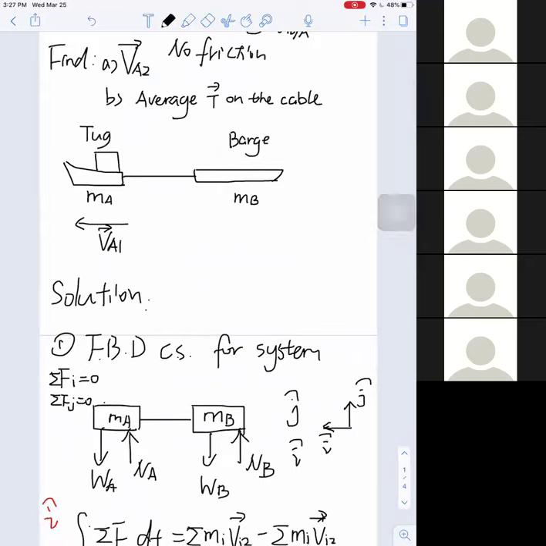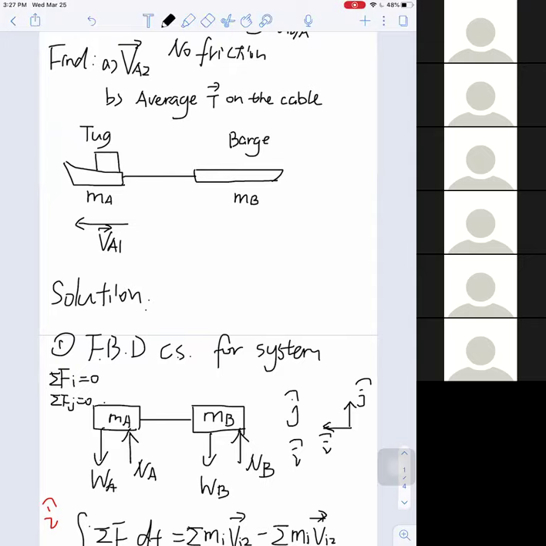We have a question for, let's see who's here, Jack. Can you tell me, are we able to find the tension force by using this free body diagram? This free body diagram is for the whole system. We could if we had the tension between the rope.